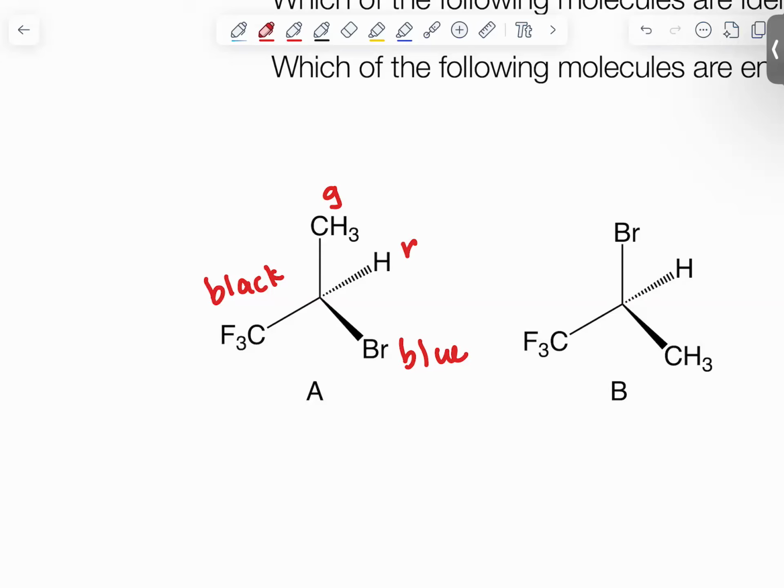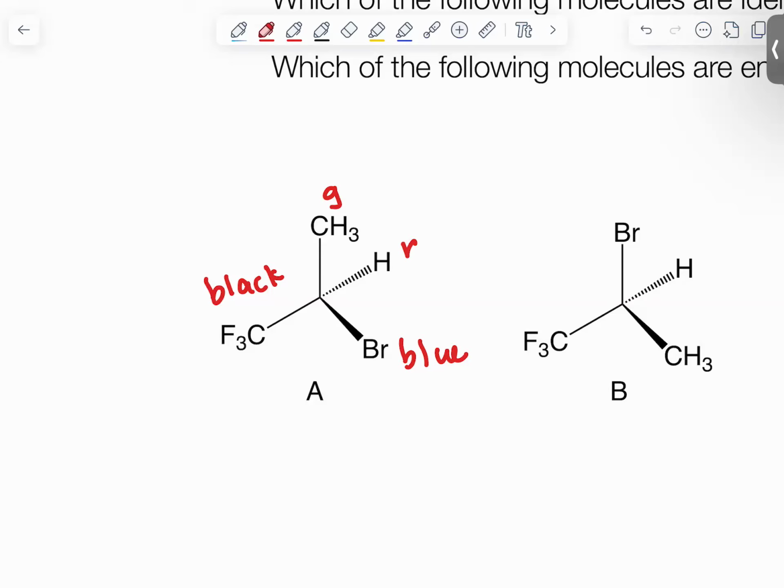Okay, so back to the question at hand. If you make something like this, this will help you with all of these kinds of chiral questions. So you have something like this, right?